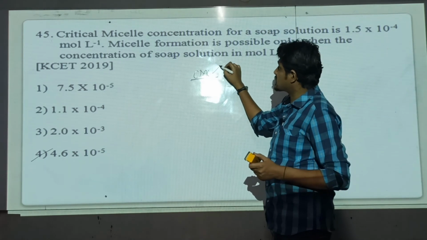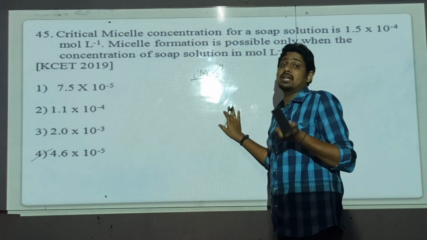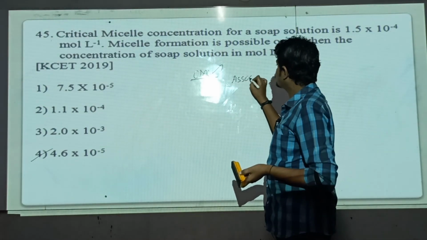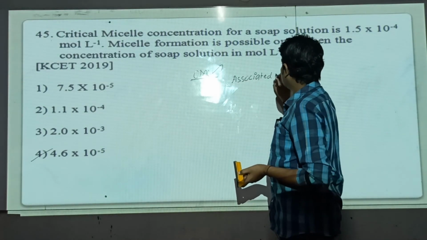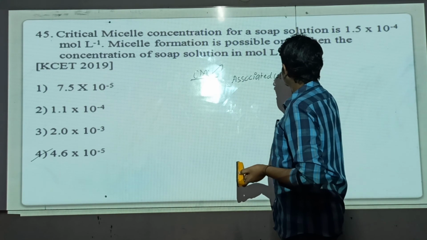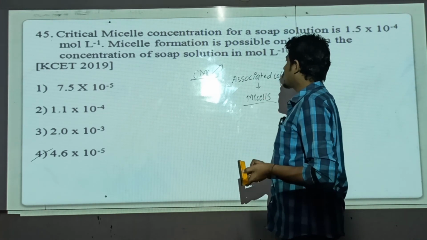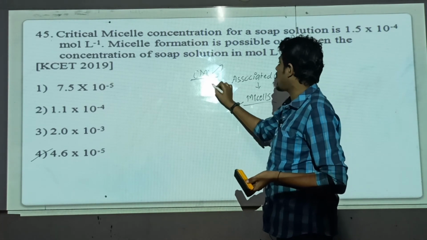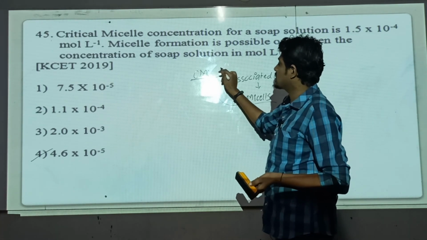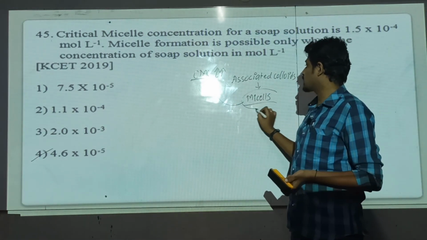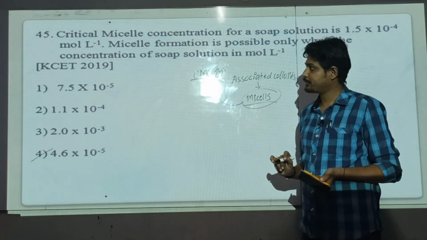Above this, colloids are formed, which we call associated colloids, or micelles. Micelles are formed when the concentration is higher than the CMC.